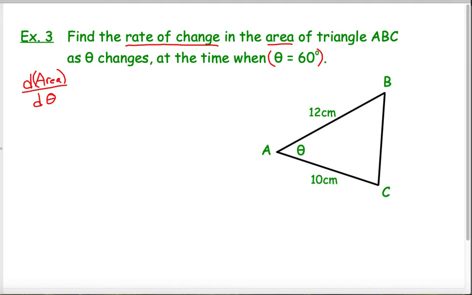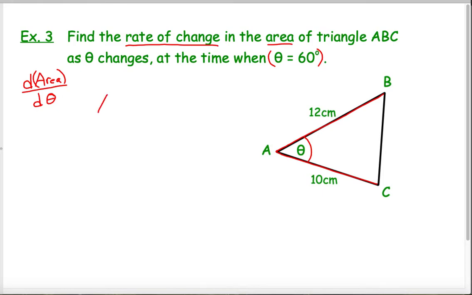So what we need to do is come up with a function that represents the area, and then we'll find the derivative of that and evaluate the derivative when theta is 60. So looking at this picture, it's not a right triangle, so we can't just say 1/2 base times height. We've got 2 sides and the included angle.